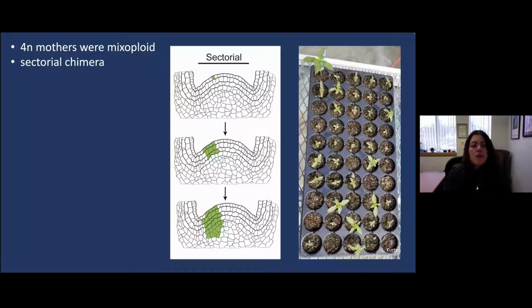All right, so those 4N mothers that were mixoploid, maybe early on when we tested them, let's imagine all of the white cells in the shoot apical meristem were tetraploid, and maybe there was a cell that was diploid that we didn't catch in an early test, but that cell in this, what would be called a sectorial chimera, grows.